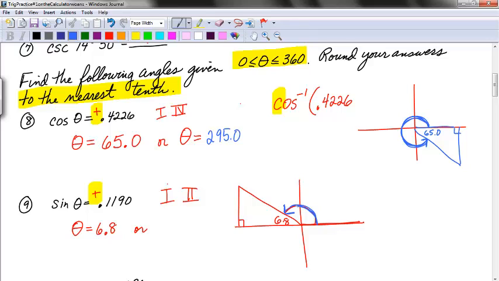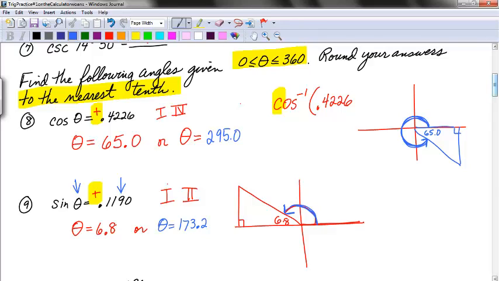Yep. 173.2. Okay. And again, you could put those angles back in for theta, and it ought to be close to this. It won't be exact because we rounded to the nearest 10.